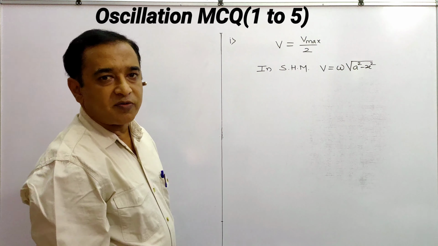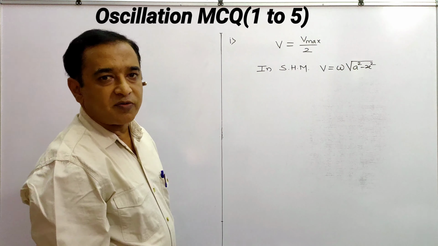Here we need to substitute all these values. The V value I need to substitute, and this V max value I need to substitute as A omega. So substituting here, omega into under root of A square minus X square is equal to V maximum, that is A omega upon 2.